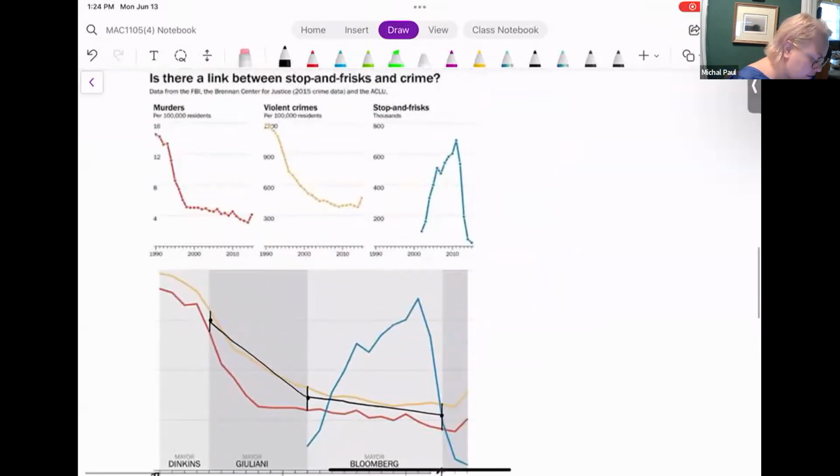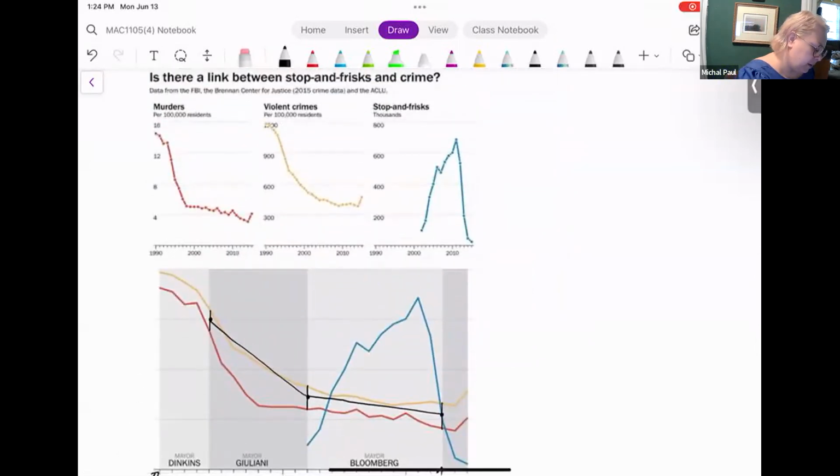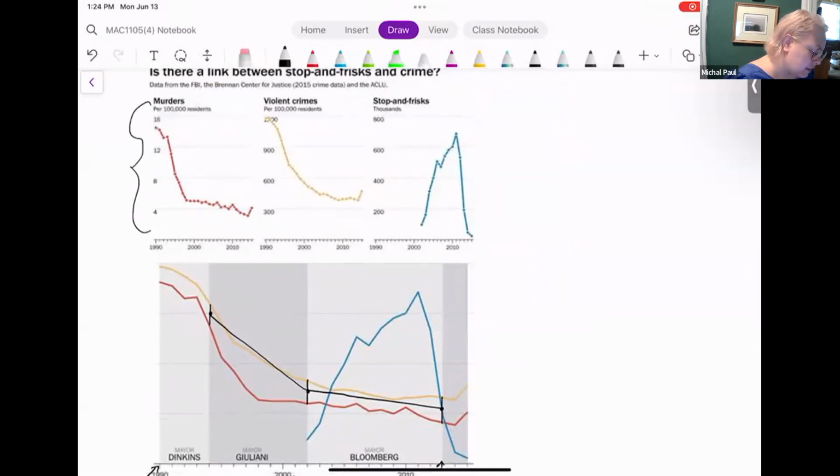Our y values, you're going to have to look up here to get the exact scale for y and to try to understand exactly. This is 16 out of 100,000. This one is 1,200 out of 100,000.